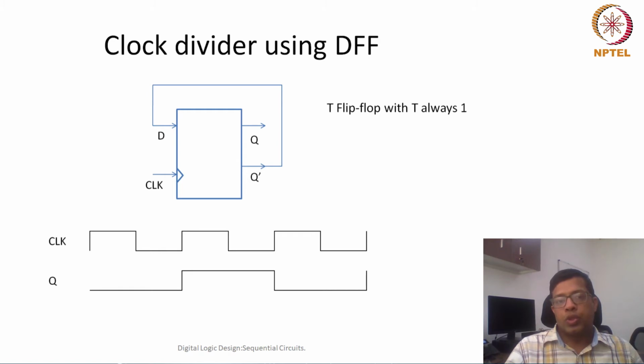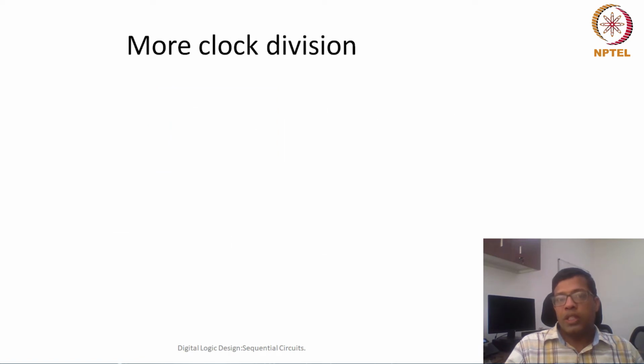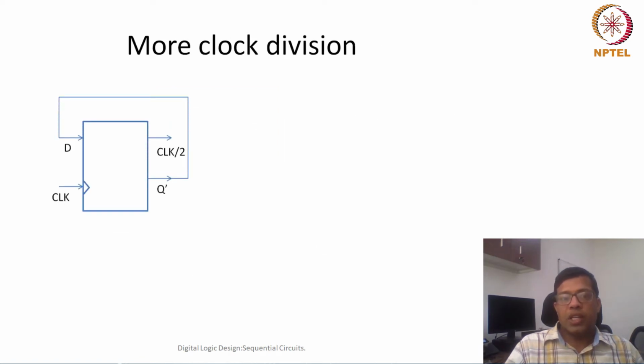Okay. So can we divide it by more than a value of 2? Yes. For that I can repeat this circuit. Because of this one circuit, my output is clock by 2.